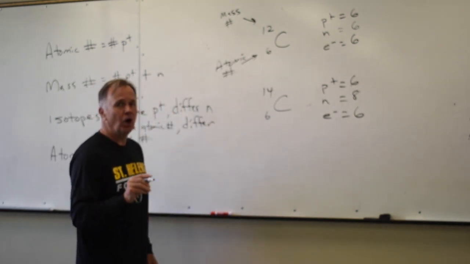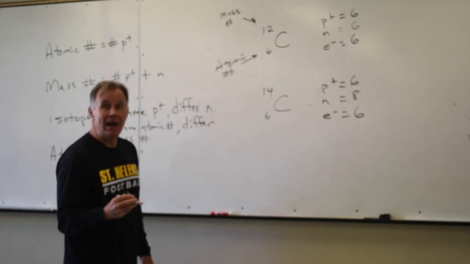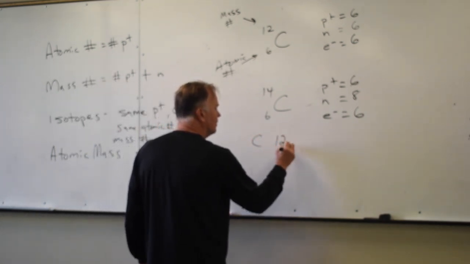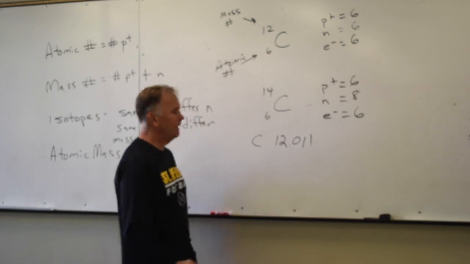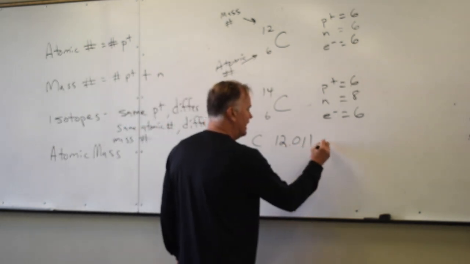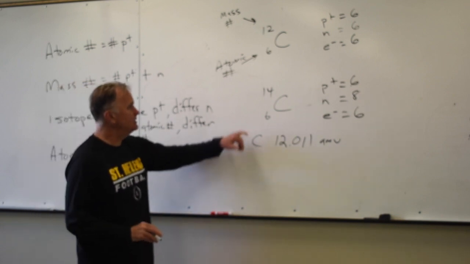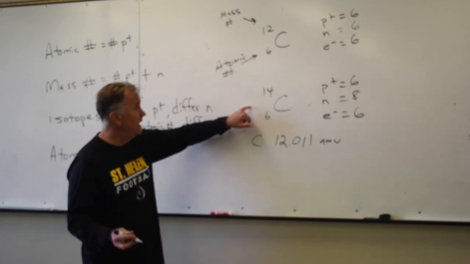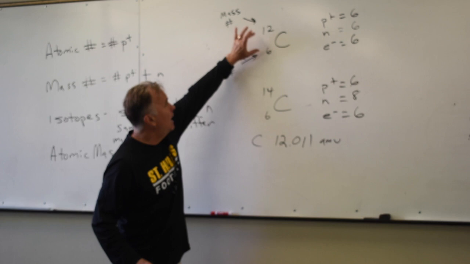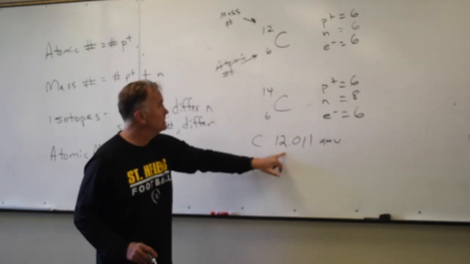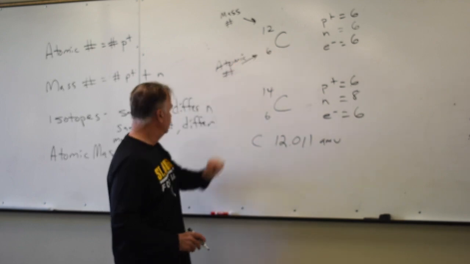So if you look up carbon in the periodic table for mass, it will say 12.011. Okay, that's its AMU. All right? Okay, so what does that mean? That means that it exists in more than one state, okay? But there's a lot more of the carbon-12 than of the carbon-14 because the average is much closer to 12 than it is to 14.